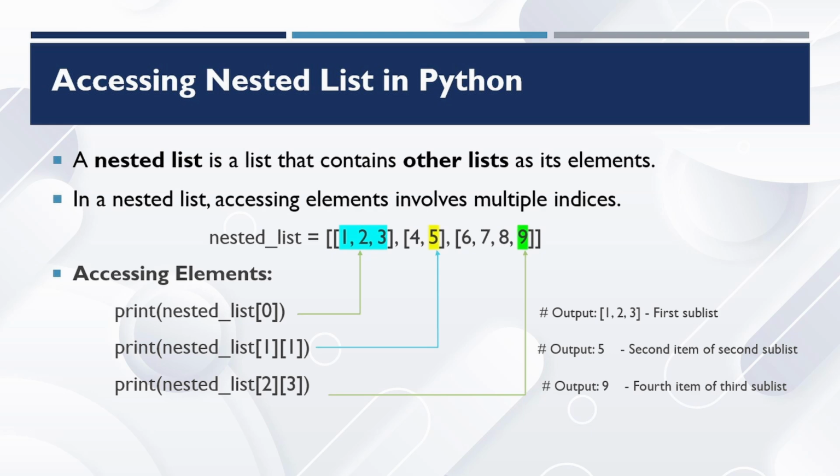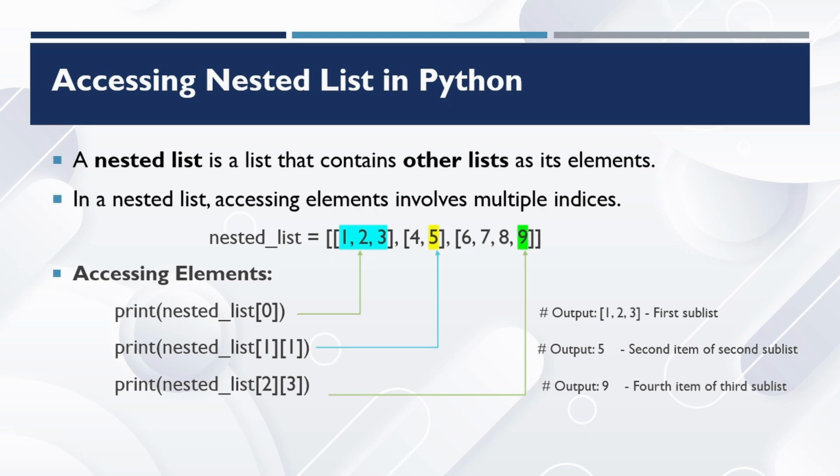The second element is also a list containing 4 and 5, and the third element is also a list containing 4 elements: 6, 7, 8 and 9. Each element of this list is itself a list, also called a sublist.